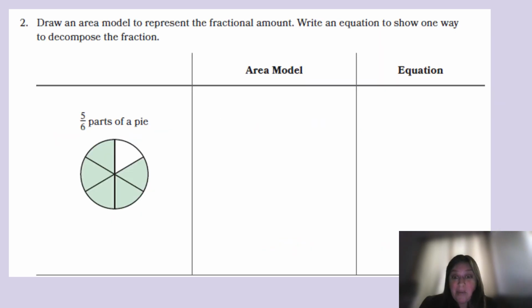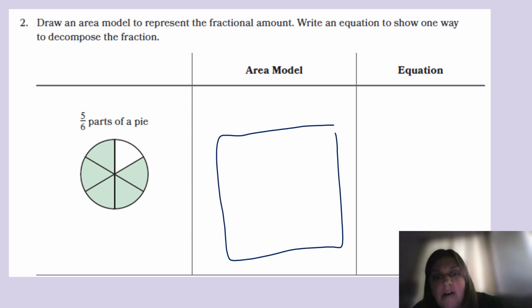Go on to number 2 with your partner. Go ahead and pause and work, and then come back to check your answers. When checking your answers, you would have a big square for the area model. They gave you a circle. It shows us that our fractional amount is 5/6. So we'll cut our whole into 6.